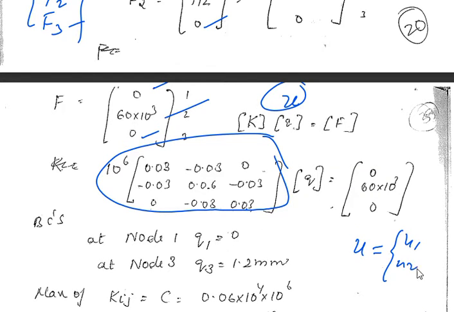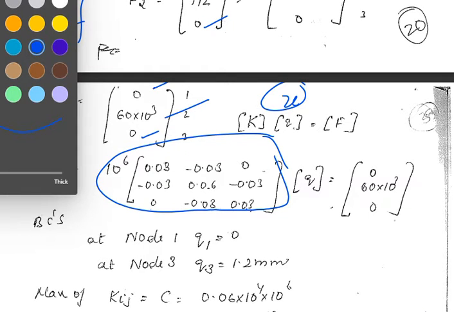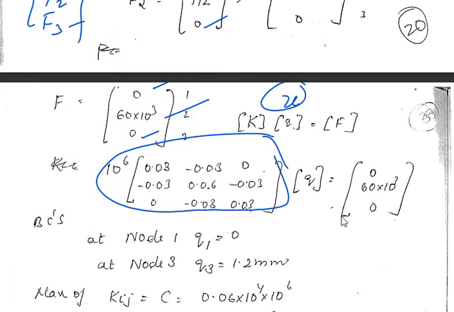It is U1, U2, U3, or here Q, it means better we will go with the Q so that it will be more understandable instead of U. Q is equal to Q1, Q2, Q3. This is a displacement vector. Okay, but here at node 1, Q1 is taken as 0.